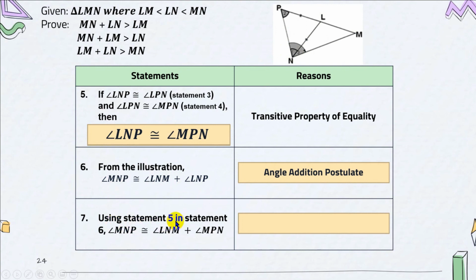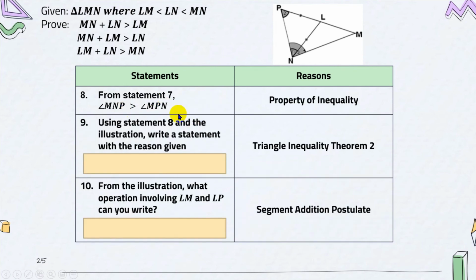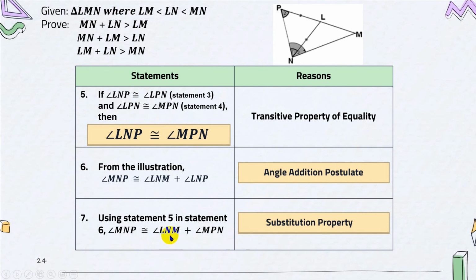Now, using statement 5 in statement 6, what happens? MNP is still the same, LNM is still there, and LNP is replaced by MPN based on statement 5. What's the reason here? That's the substitution property: LNP is replaced by MPN because they are congruent. Next, from statement 7, if we remove one angle, we can compare angle MNP and MPN.